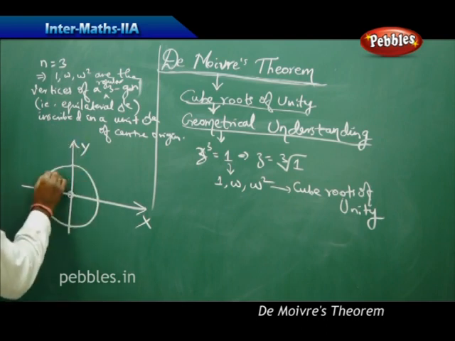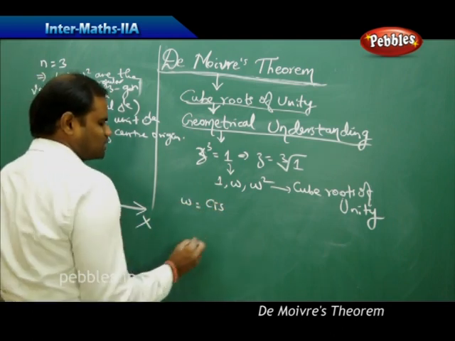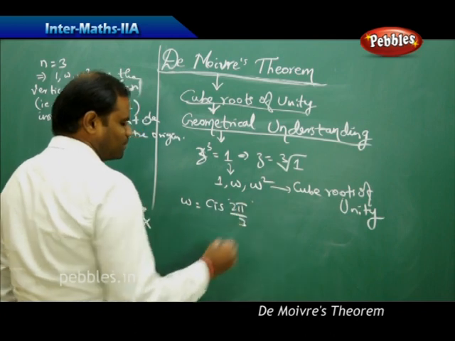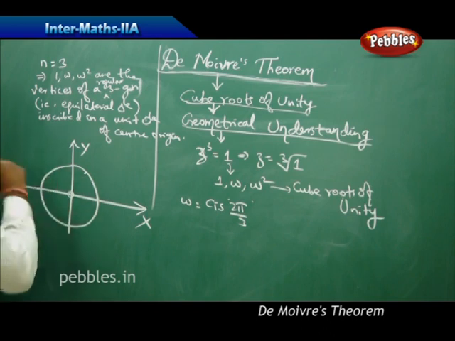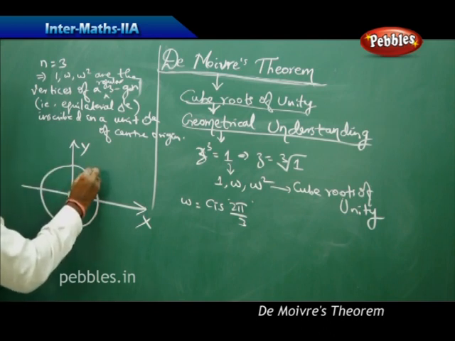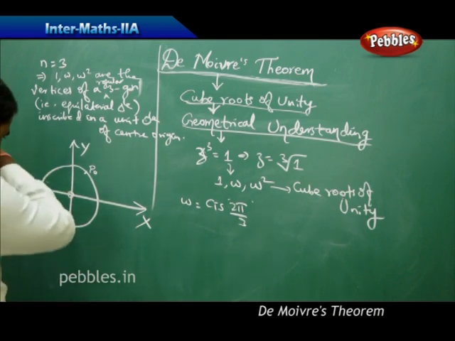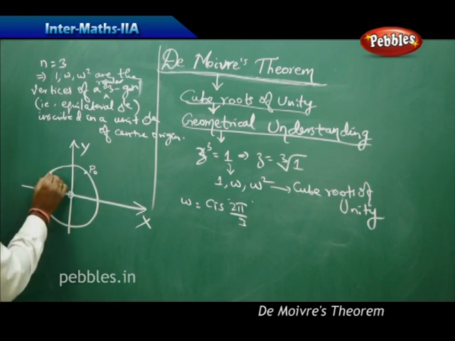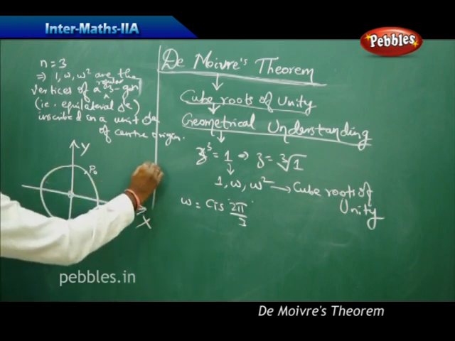then each of omega is cis 2 pi by 3, which implies this is 60, which comes out here, which is P0, and 120, and next is 120, which comes here, and then 360 by 3.